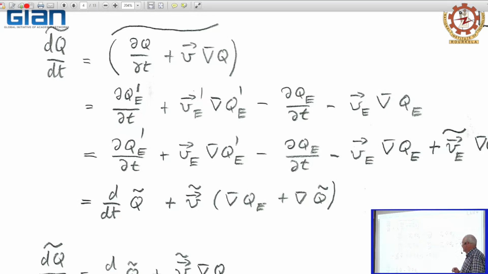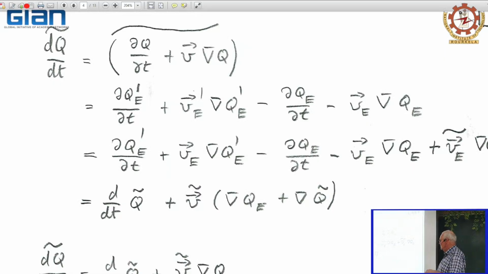Okay? This means now we have that d by dt of Q perturbed Eulerian is d by dt of Q tilde plus the velocity times the gradient of Q, because this quantity here is of second order in the perturbation, so we can neglect this, and here we identify QE with the background quantity Q naught.